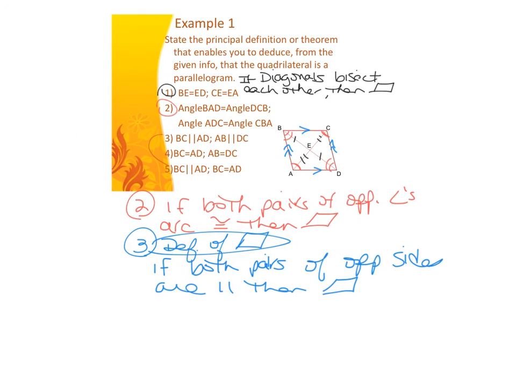Okay, so now for number 4, do this one in green, and it's saying that BC is congruent or equal to AD, and AB is equal to DC. So this one is going to be what?